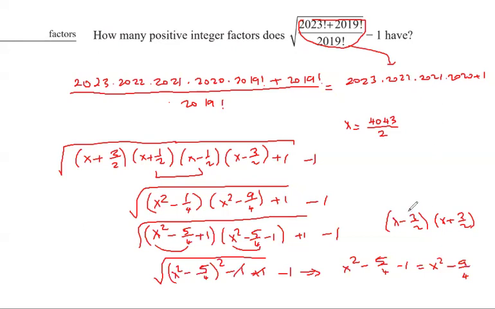minus 0.5. So if I subtract 3/2 from this guy, 43 minus 3, which is 40, divided by 2, this guy would be just 20. And then if you add 3, that will be 46, divided by 2, that will be 23.